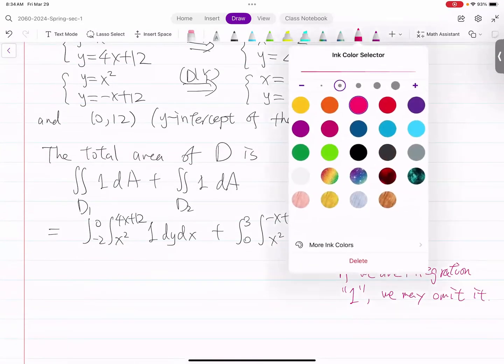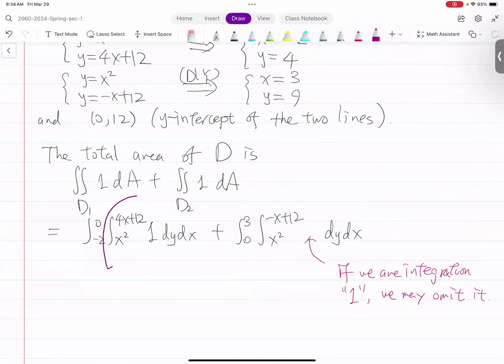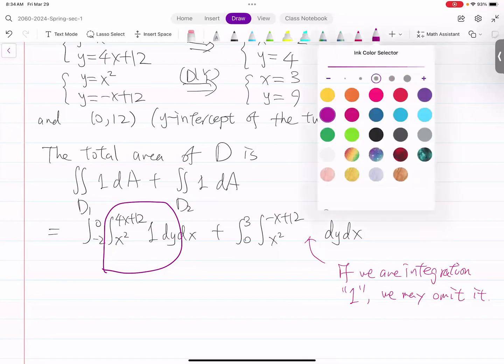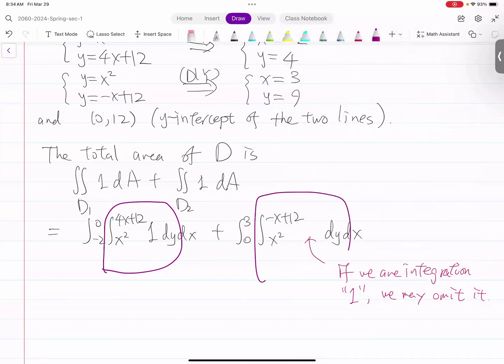Of course now when you integrate, this integral with respect to y, the value is just going to be the upper bound of the integral minus the lower bound, right? So that's the polynomial in terms of x, and it's the same for this one. Upper bound minus lower bound.